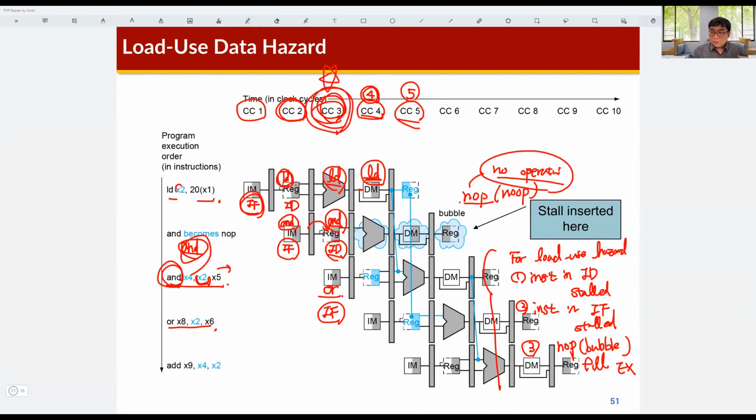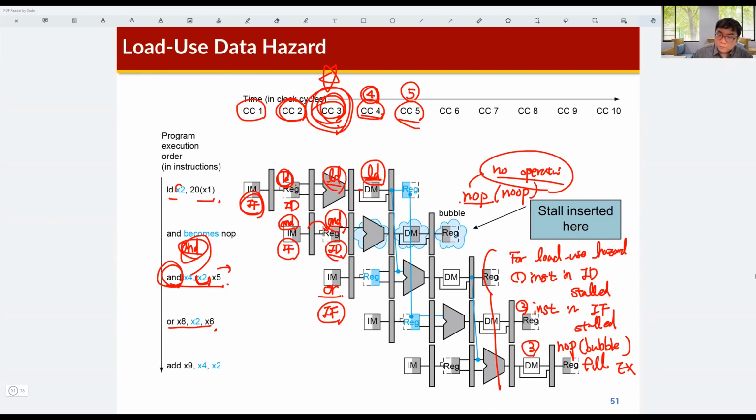Why? If we do not detect this pipeline stall condition at clock cycle number 3, then the AND instruction will be here, so we cannot avoid this pipeline stall, because the AND instruction is already located in the EX stage.